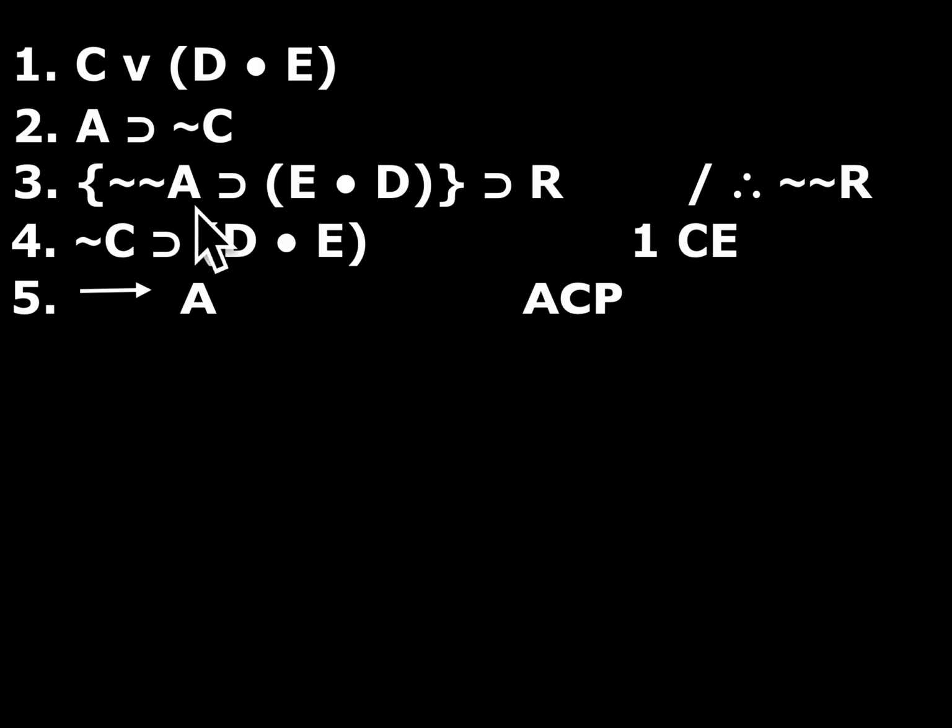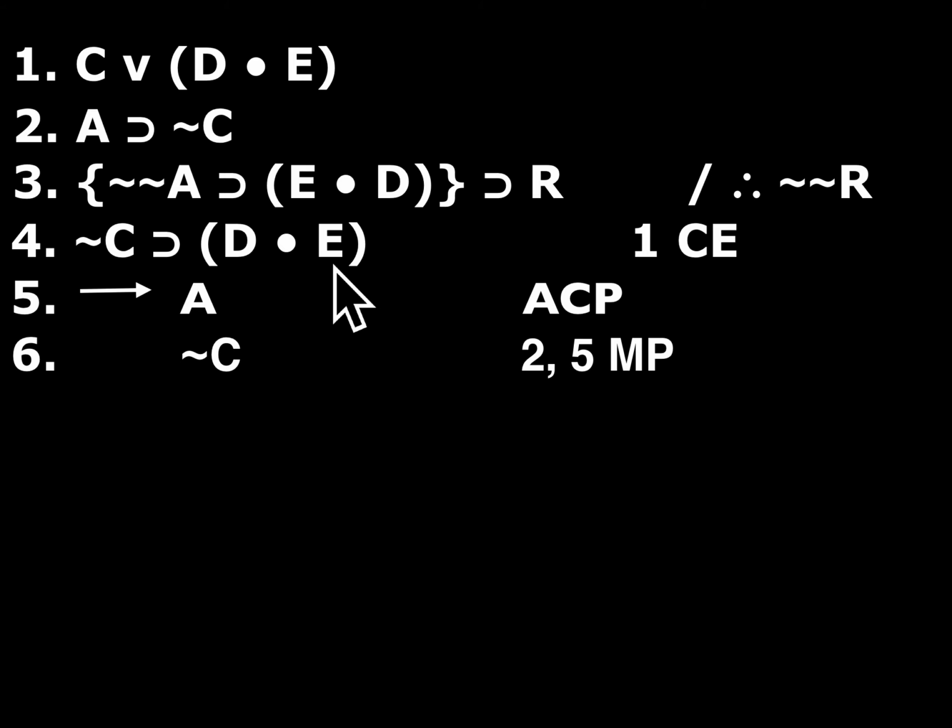If I can get if A, then E and D, I can double negate the A, then I have this antecedent. So I've assumed A. How can I get E and D or D and E, either one? Well, you're going to see it's pretty easy. I have A now, so I can get not C. With not C, I can get D and E.